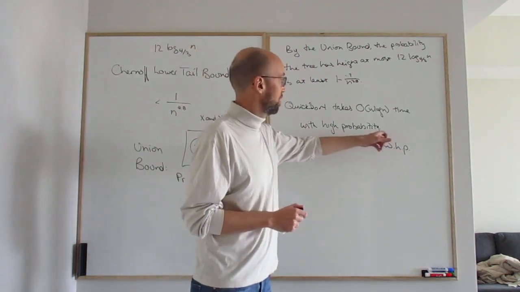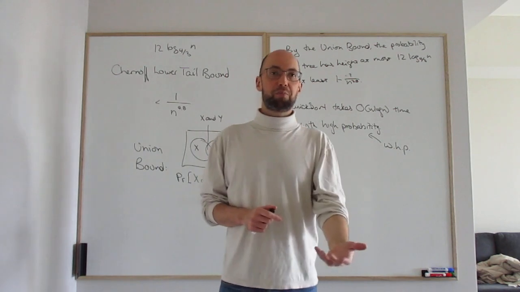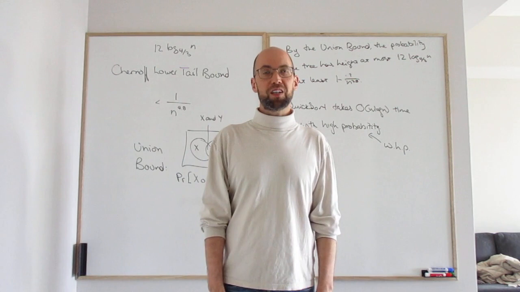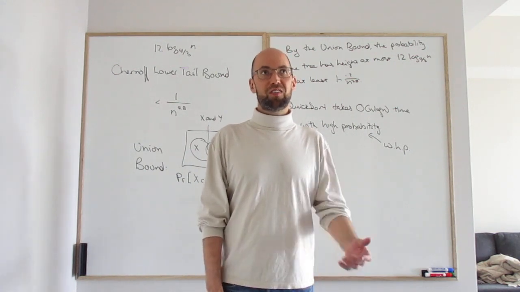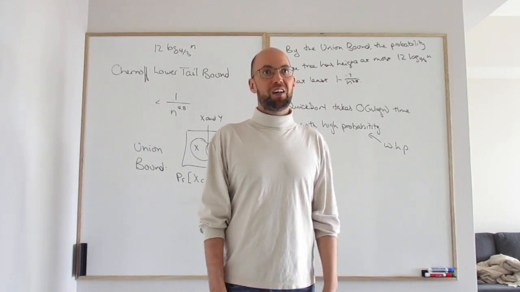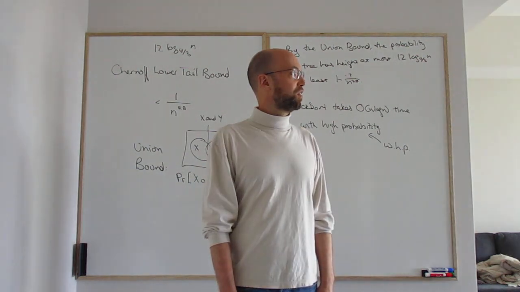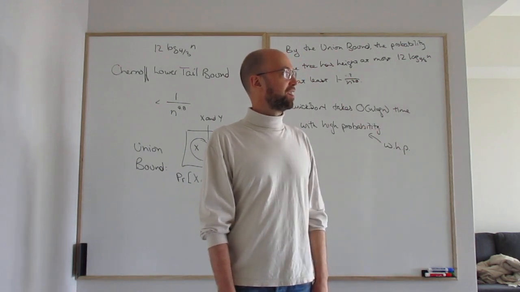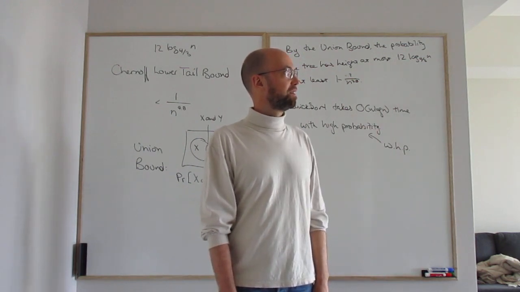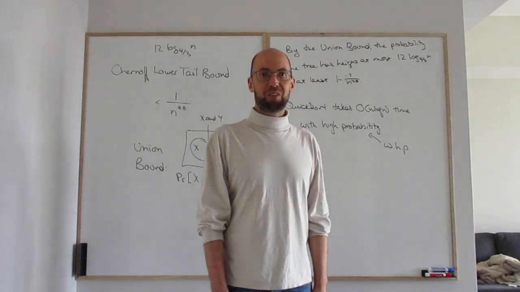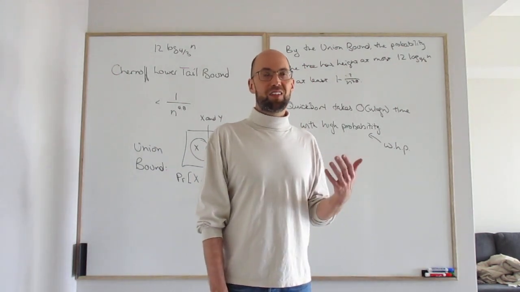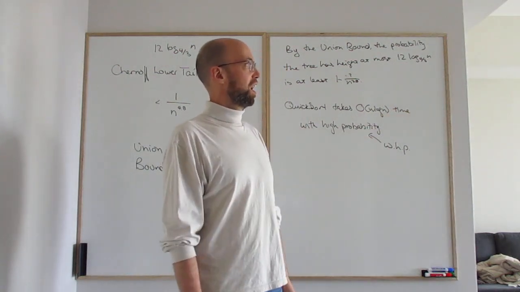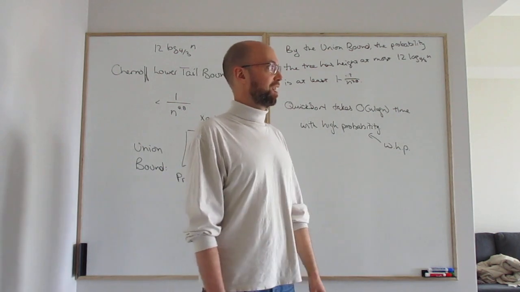So a with high probability bound is better than a bound in expectation, right? Because if somebody says, if you go out today, it's not expected that you will get struck by lightning.